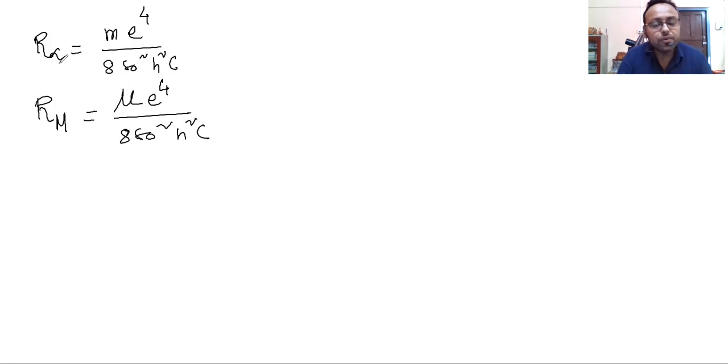So I had my R infinity. Why did I use the term infinity there? Because I was representing that this represents the infinite mass of the nucleus. So what is the mass here in nucleus?